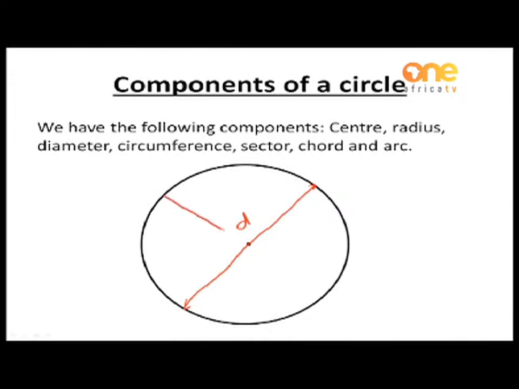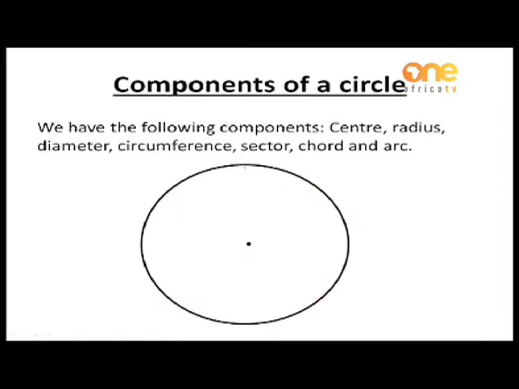This would be another diameter. Could also have this is a diameter. They're all equal in length. They all pass through the center and they go from one side of the circle to the other.